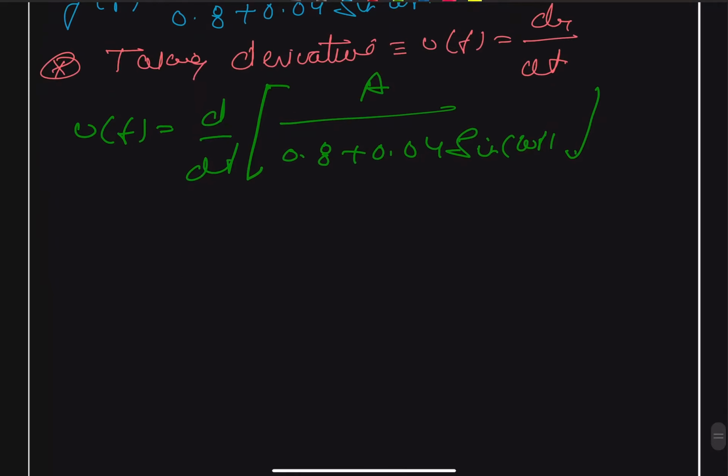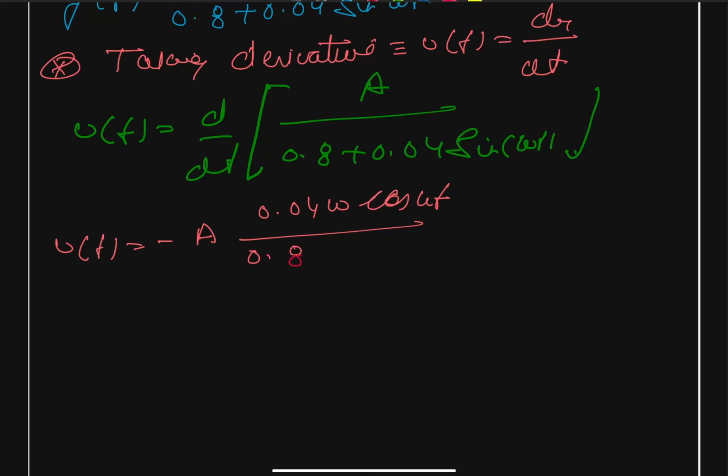By using the chain rule, we get v of t equal to minus a times 0.04 omega cos of omega t, divided by 0.8 plus 0.04 sine of omega t, whole square.